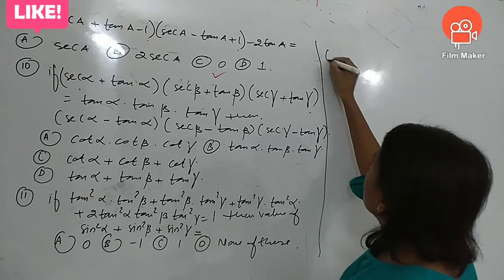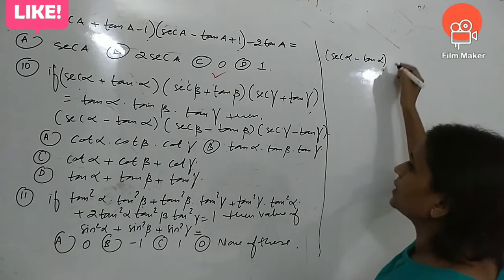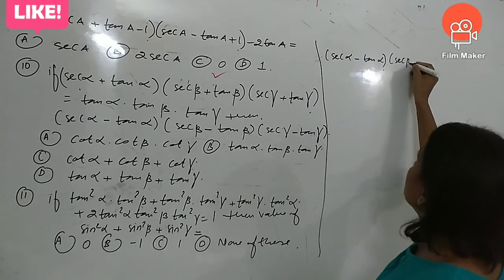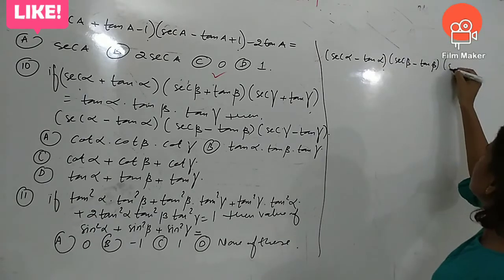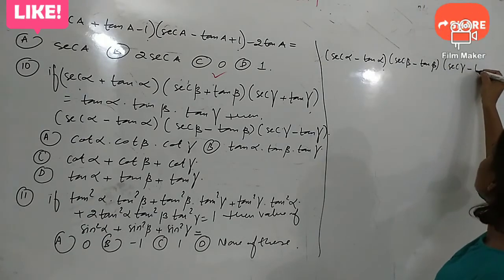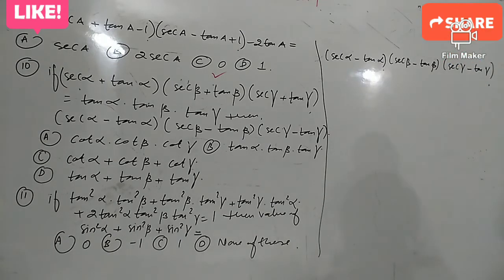So it is (sec alpha minus tan alpha) and (sec beta minus tan beta) and (sec gamma minus tan gamma). Suppose the value of this expression is x, and this is equation 1.